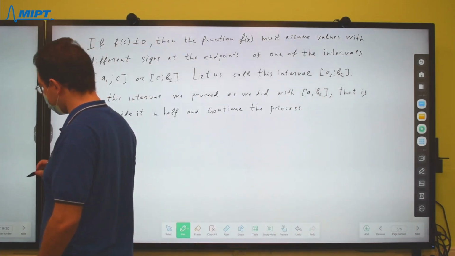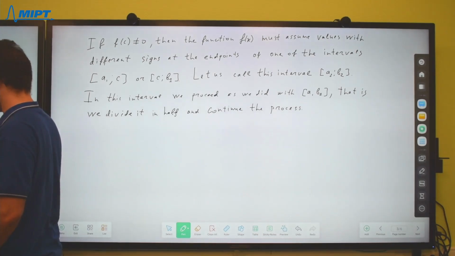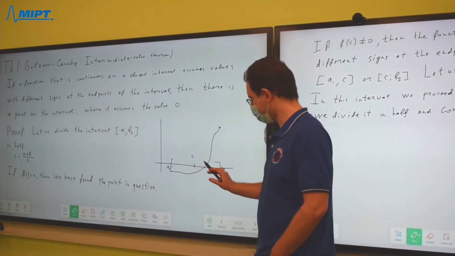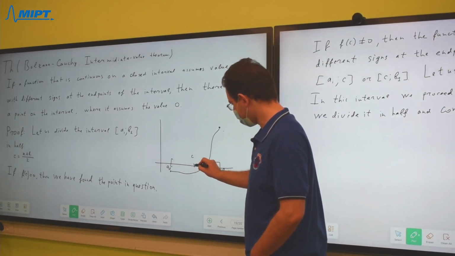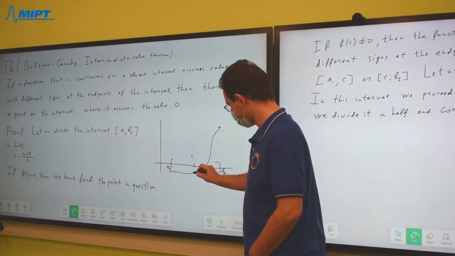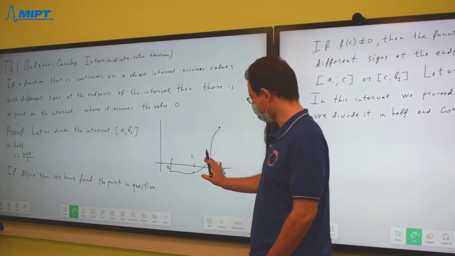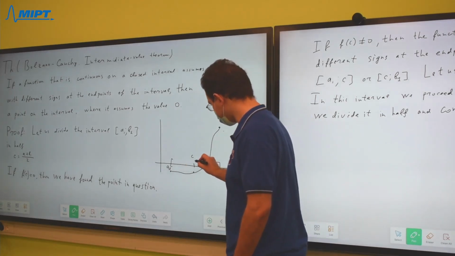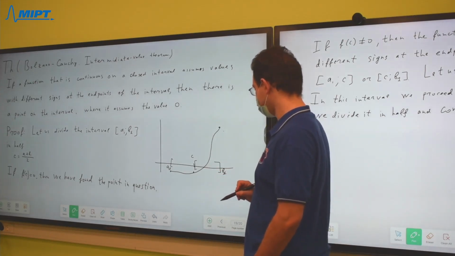So, looking at my picture, for my function, on the first step, I took this right half of the interval, since at this point the value the function assumes is negative. Then for this next interval from A2 to B2, I do the same.